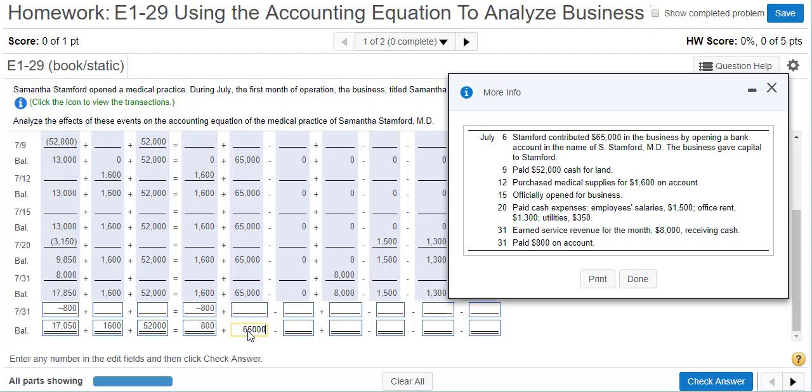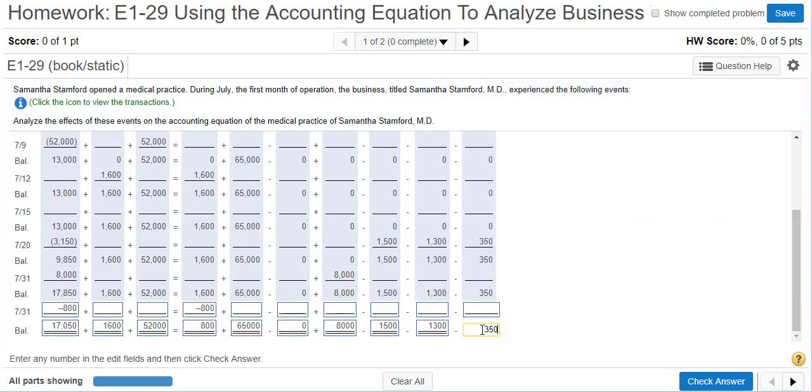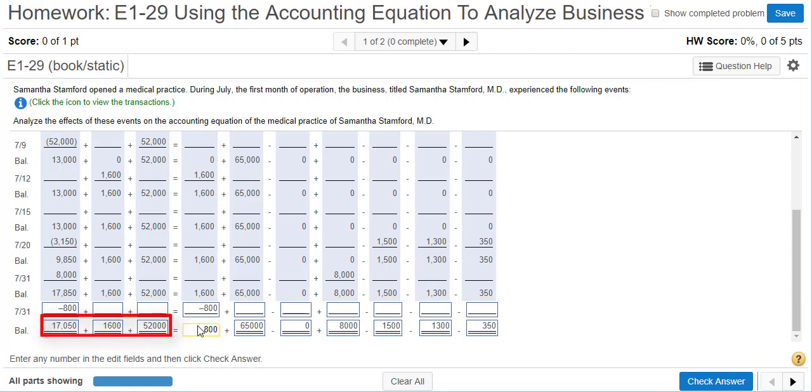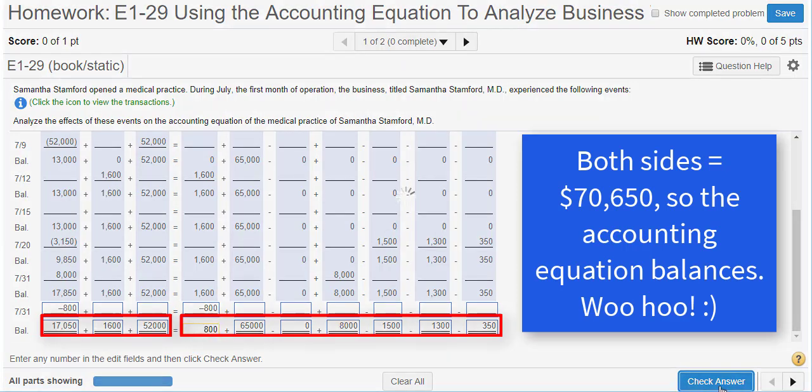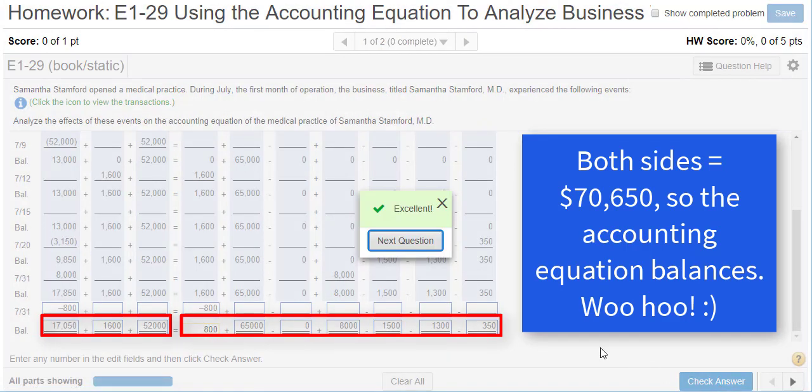We get 65,000, 0, 8,000, 1,500, 1,300. Close this so we can see what we're doing. 350. And then I would double check that these three numbers right here, add those up and make sure that they equal these numbers here added up. And they do.